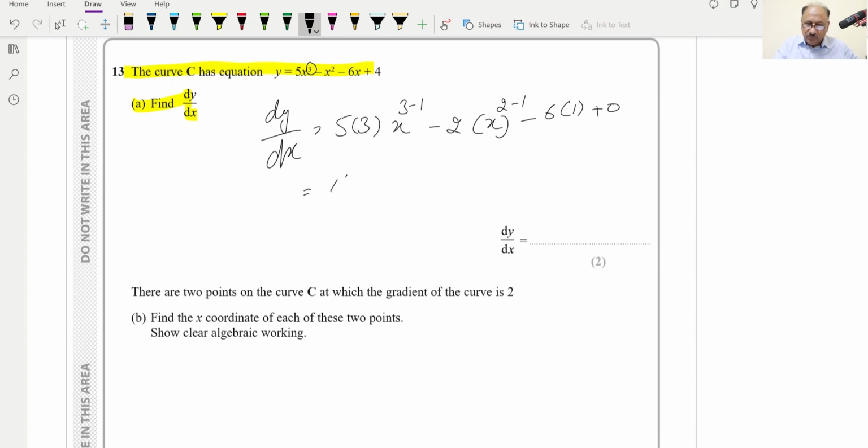So this will be equal to 15x squared minus 2x minus 6. This will be the derivative which we can write in the proper place. This one will be the final answer.